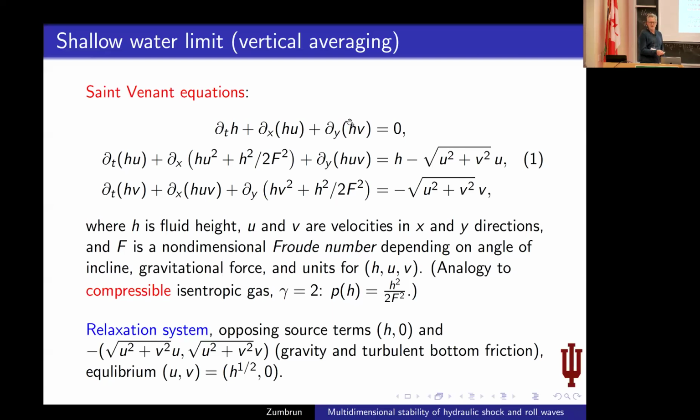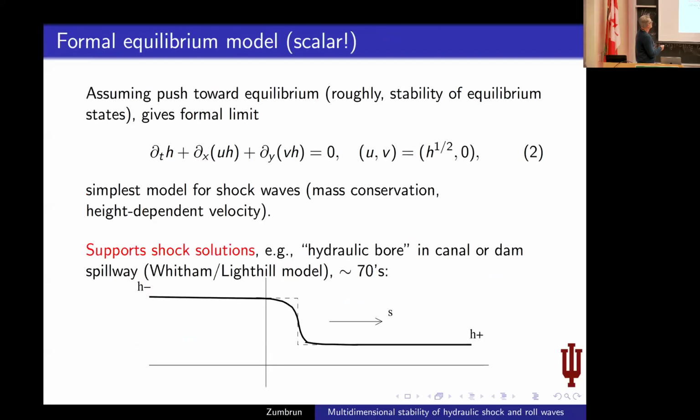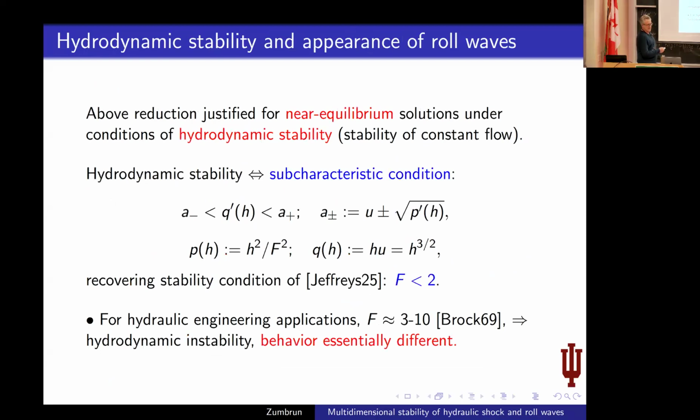So it's a pretty degenerate equilibrium system. And that's going to give us something that we expect for near equilibrium and F less than 2. It might be pretty good for a small amplitude. But we've already seen, even for 1D, that's not really going to happen.